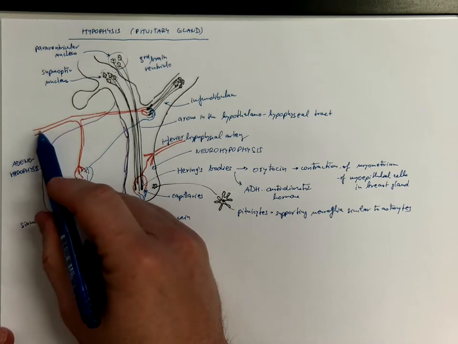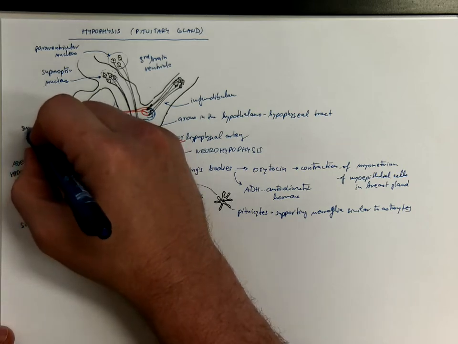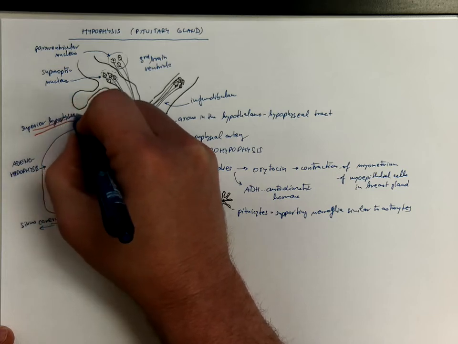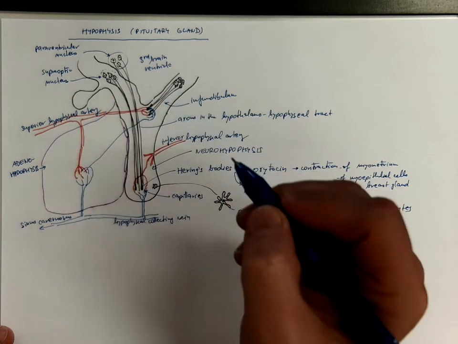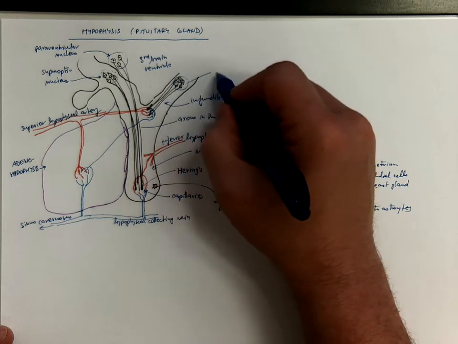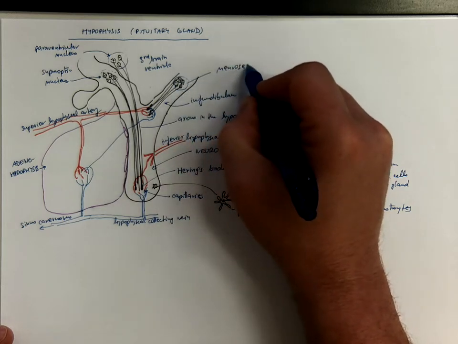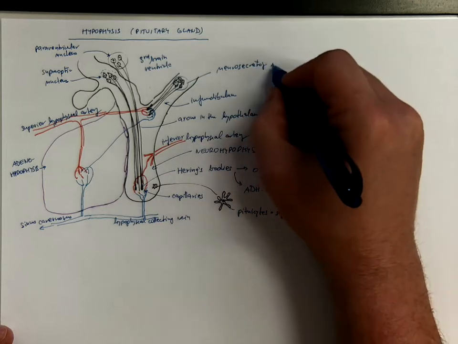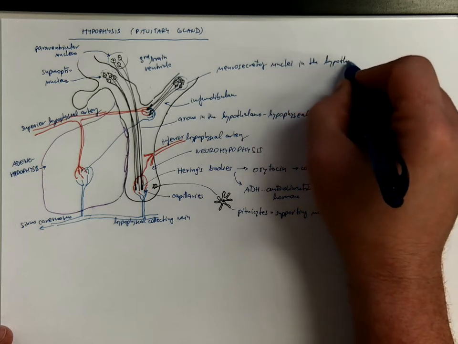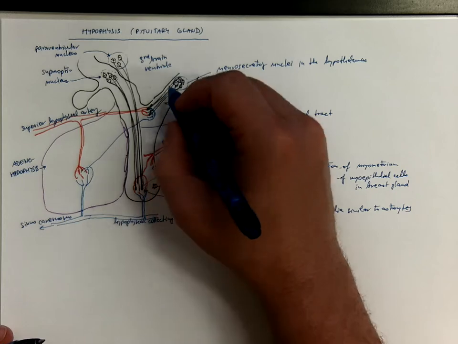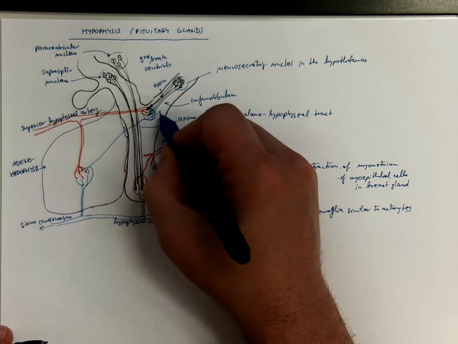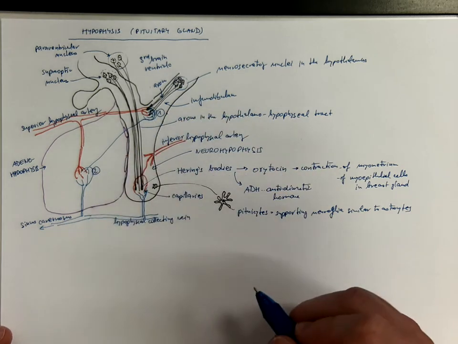So this was the superior hypophyseal artery. This is a neurosecretory nucleus, or one of many neurosecretory nuclei in the wall of the hypothalamus, and these are axons, and this plexus will be marked as 1, and this plexus will be marked as 2.